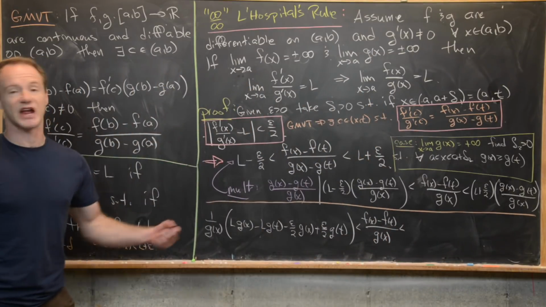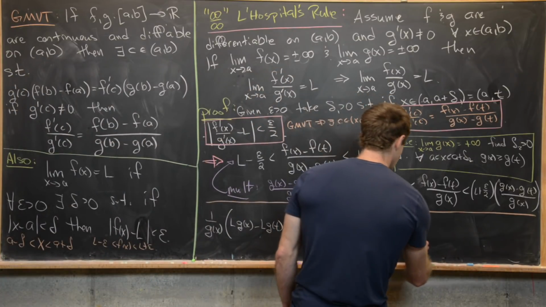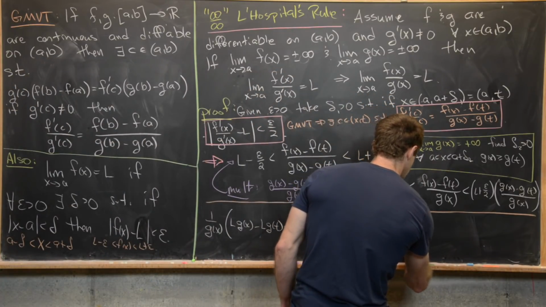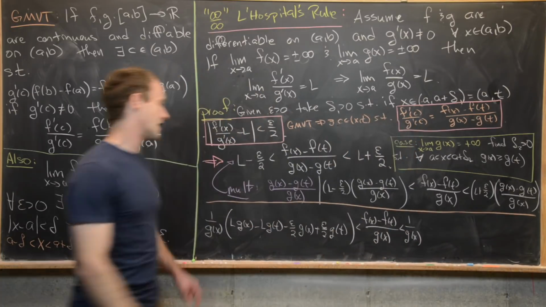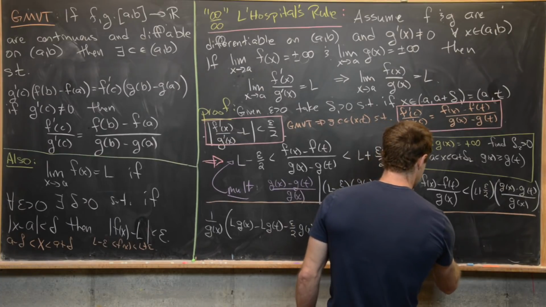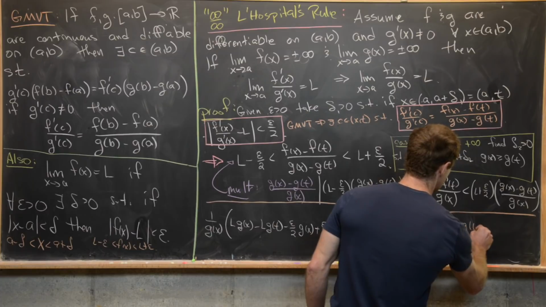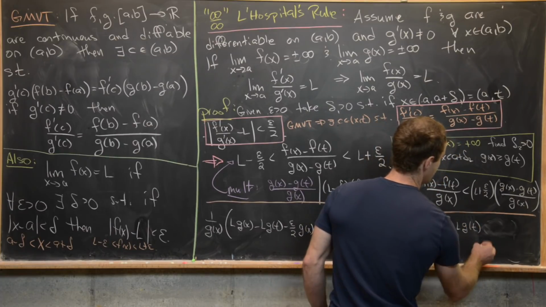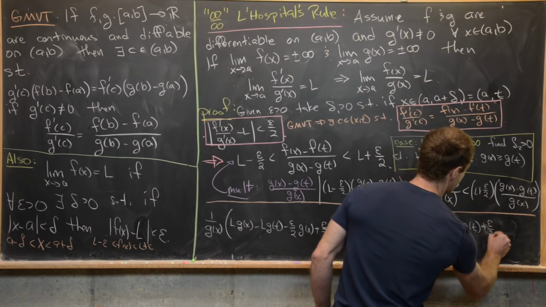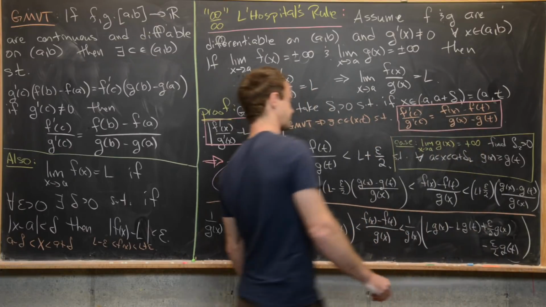So nothing's changed there yet. And now we need to multiply this out as well. So let's see, we're going to have 1 over g of x, just like we had over here. And then we'll have L times g of x minus L times g of t. So that's good. And then plus epsilon over 2 times g of x minus epsilon over 2 times g of t. Good.